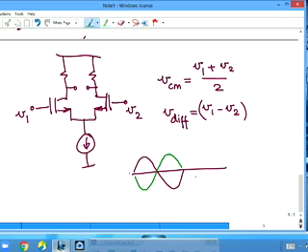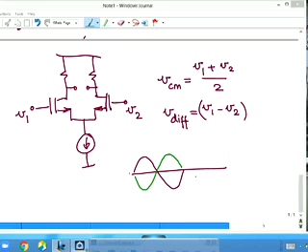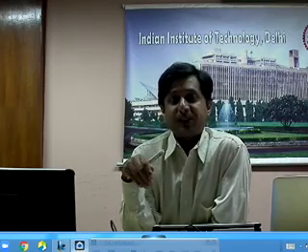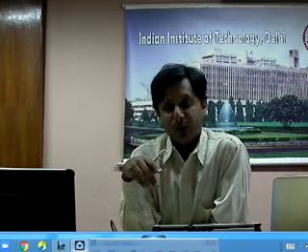Find out the output impedance, find out the transconductance. We have discussed how to find out output impedance in many different ways. You should memorize a couple of formulae, actually two good formulae. If you memorize, you are going to be in very good shape to find out the output impedance quickly. One, what is the impedance when you're looking from the source?